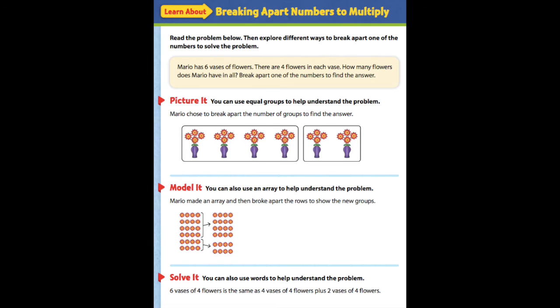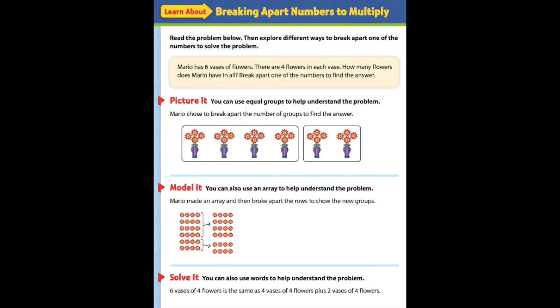For the second picture, he would do 2 for the 2 vases, times 4 for the 4 flowers in each vase. So then he would have 4 times 4 in parentheses plus 2 times 4 in parentheses. And he would add those 2 products together to get his total.